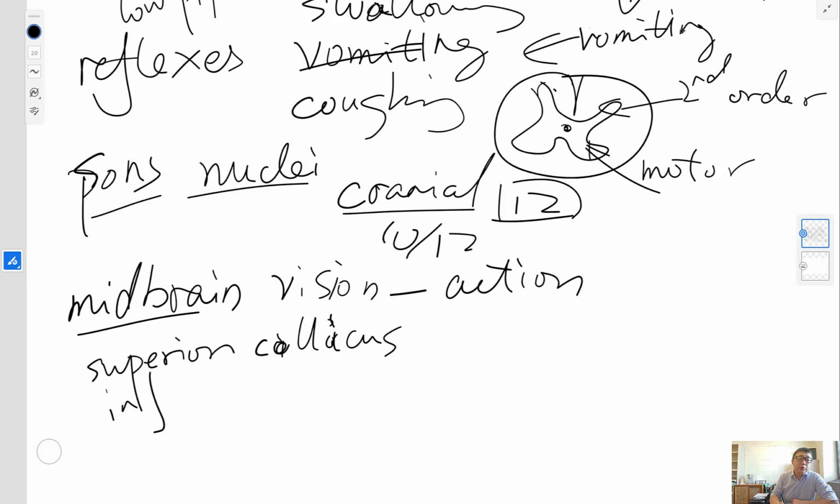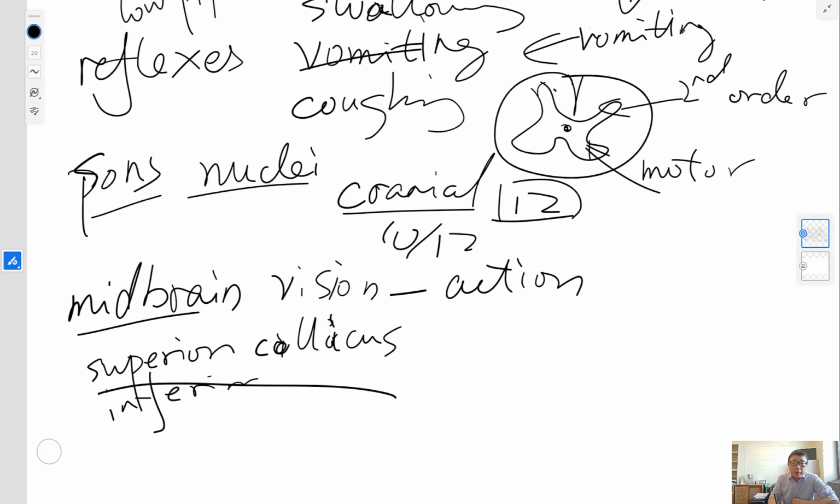Actually, you also have an inferior one. The inferior is the hearing center. And again, in other animals, they are the primary hearing and vision centers. But in humans, it has been squeezed. The majority of vision processing is taken over by the cerebral cortex. But still, here, the superior colliculus, there's still some function there. It's also some important function.